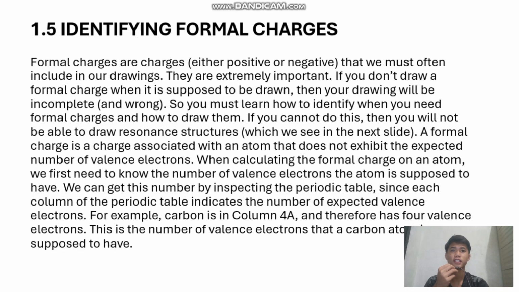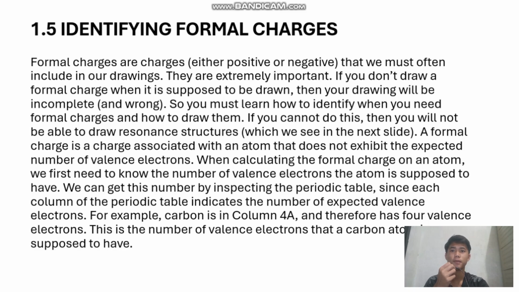If you cannot do this, then you will not be able to draw resonance structures, which we discussed in chapter 2. A formal charge is a charge associated with an atom that does not exhibit the expected number of valence electrons. When calculating the formal charge of an atom, we first need to know the number of valence electrons the atom is supposed to have.